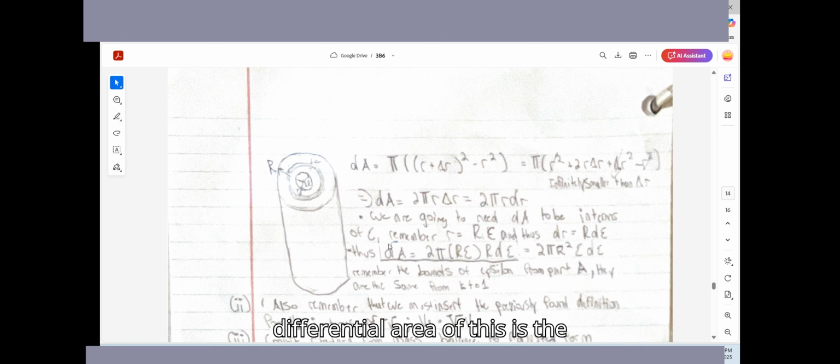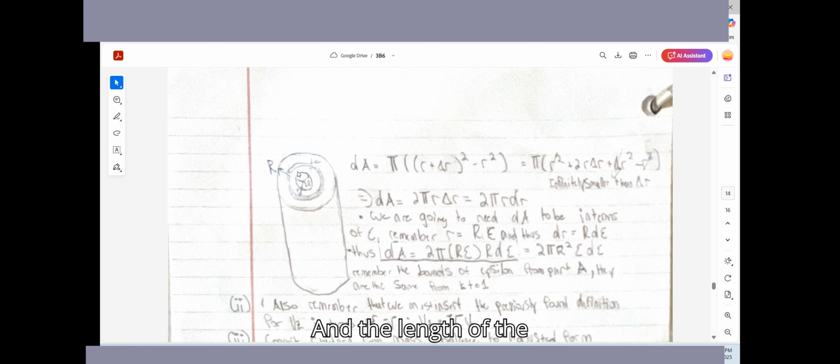So the differential area is the area perpendicular to the flow direction. The flow direction is going up, or up and down technically, because it's reciprocal. So the thickness of this is delta R. The length of this is 2 pi R, regular R, because that's the circumference of a circle.